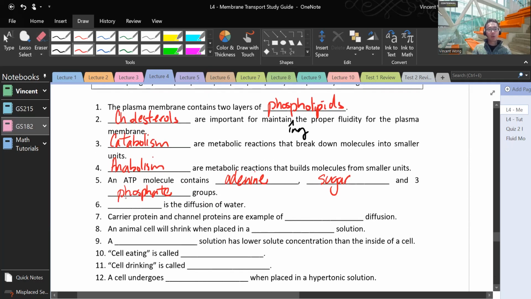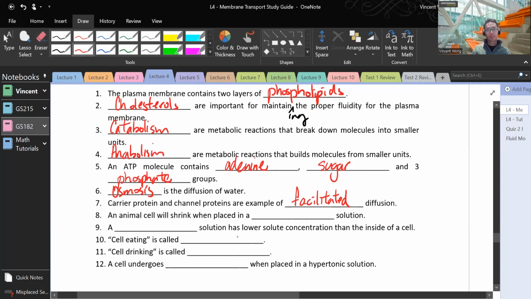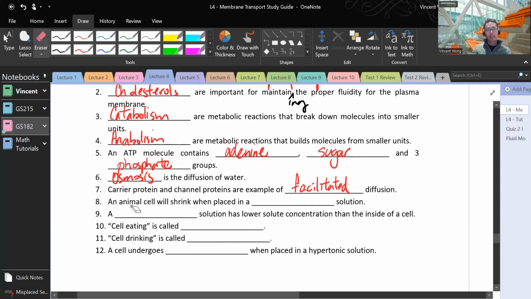The diffusion of water is called osmosis. Carrier proteins and channel proteins are examples of facilitated diffusion. They just provide a way for things to go through. An animal cell will shrink when placed in a hypertonic solution.